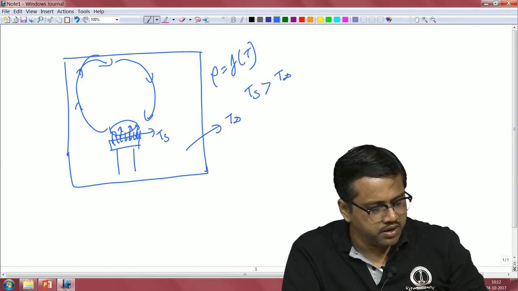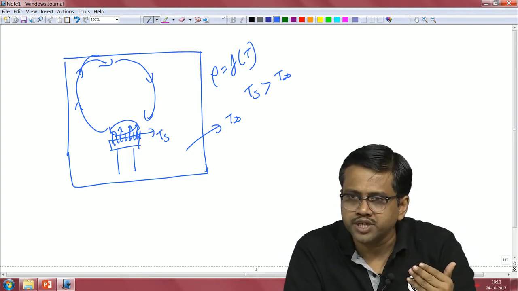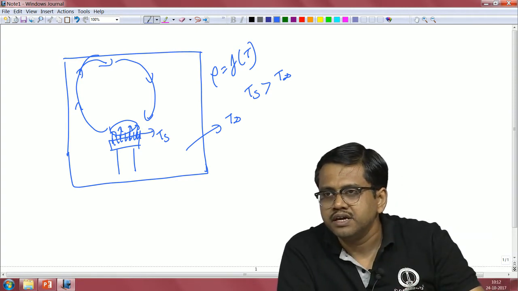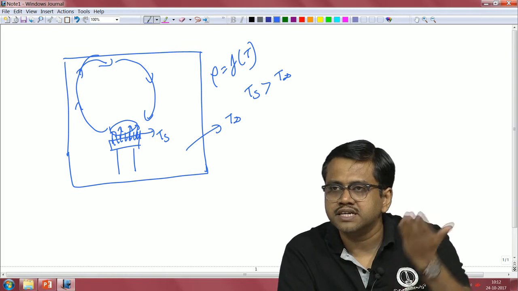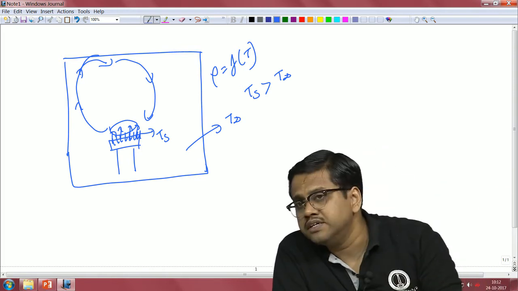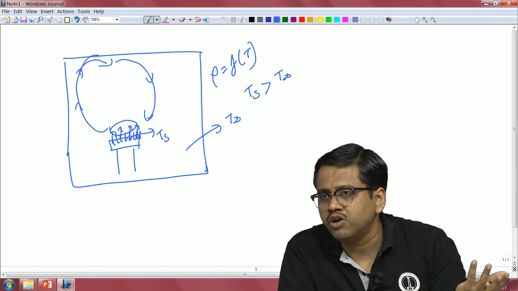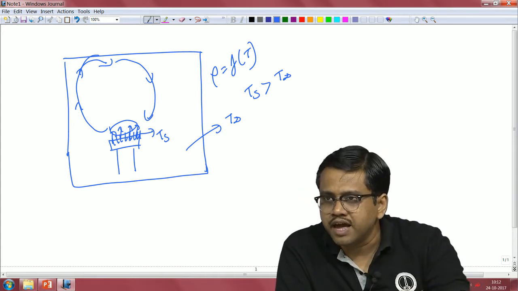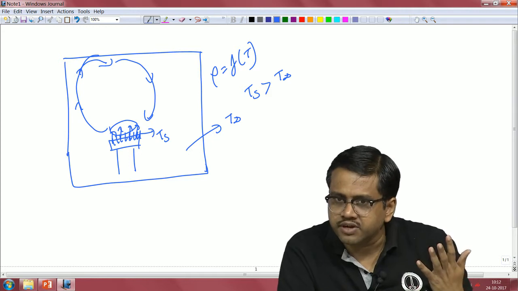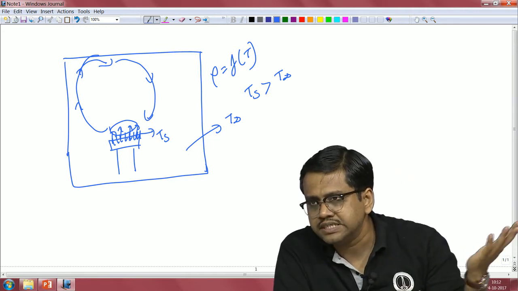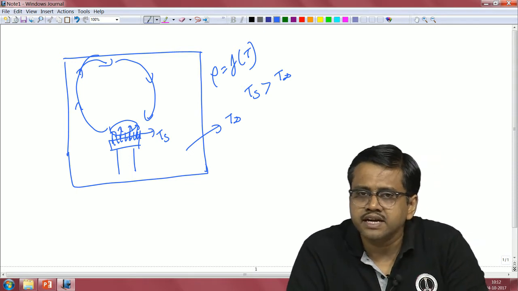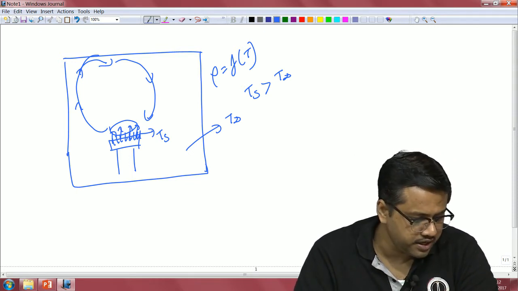So, whenever you place a hot object anywhere in a room, it will actually create this kind of a pattern. It may be weak, it may be strong, that depends on a lot of things. What is the temperature of that body, what is the condition of the ambient, and all other factors, also the fluid properties to a certain extent. So, you can have a whole gamut of things that can actually affect things over here.